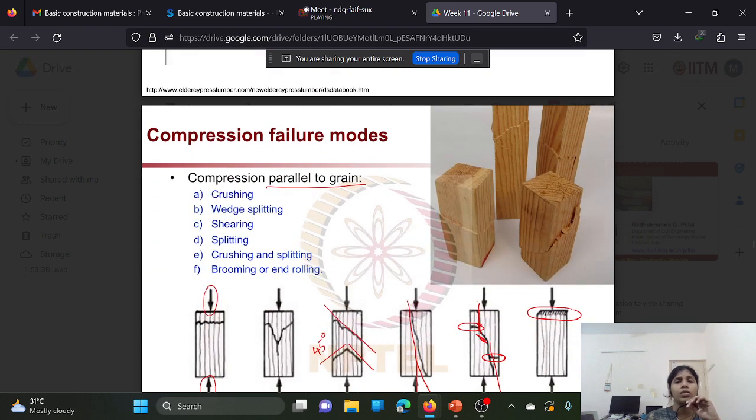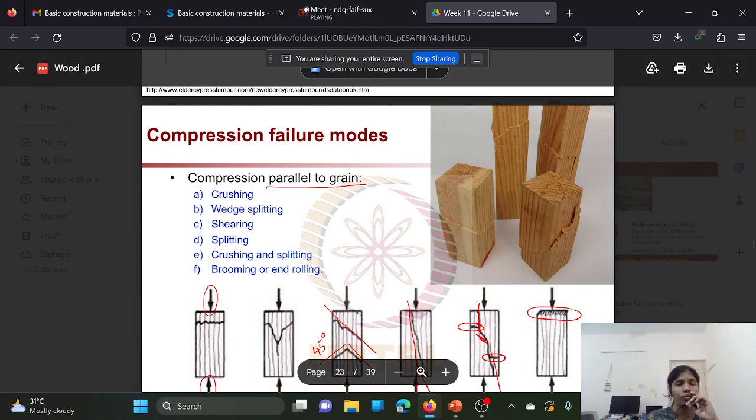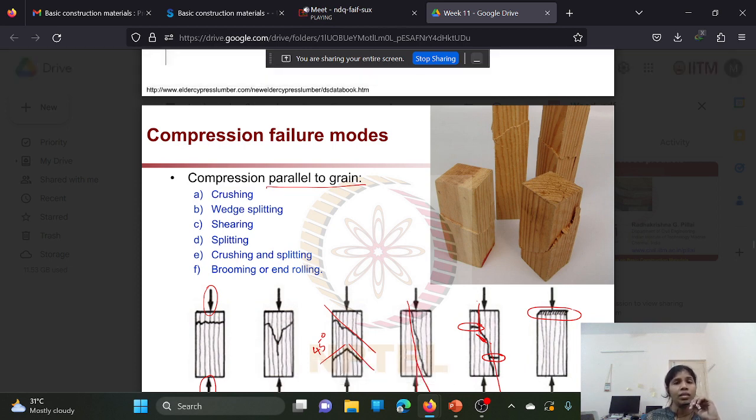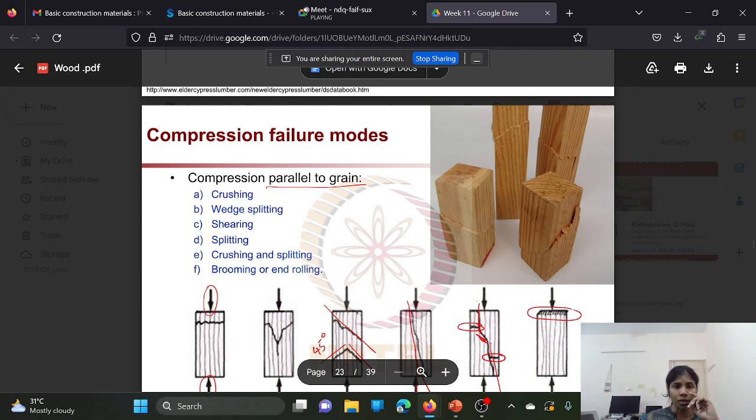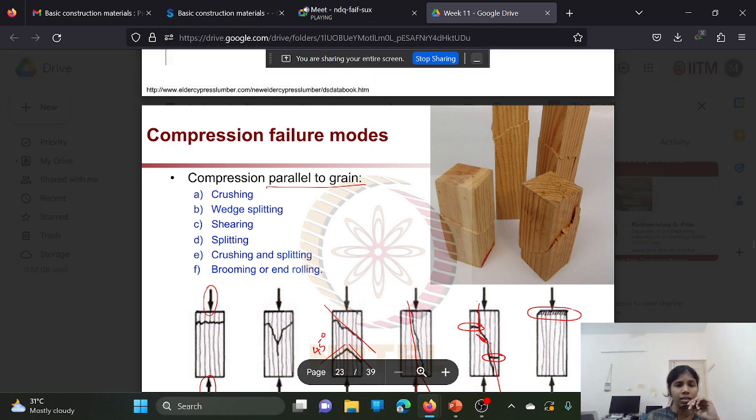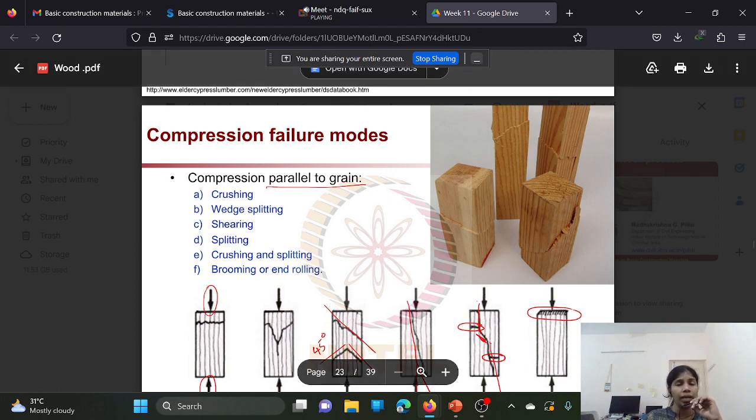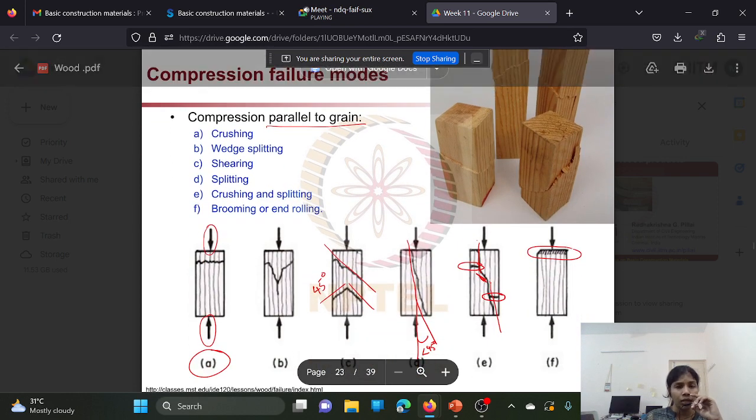So these are the different modes of failure, like different modes of compression failure. When the compressive load is applied parallel to the grain, these are the grains. The lighter lines you are seeing inside the rectangle are the grains. So when the compressive load is applied parallel to the grains, the failure modes you can see are crushing.